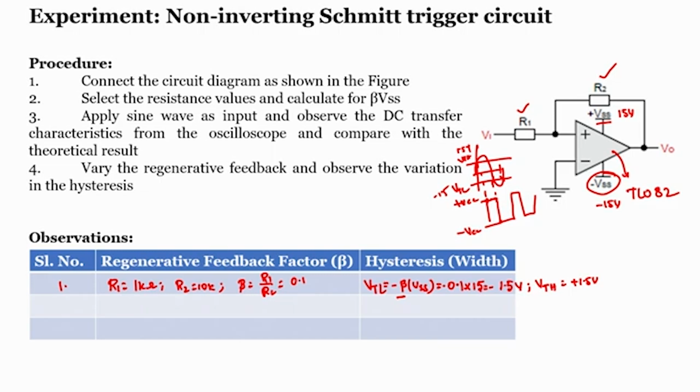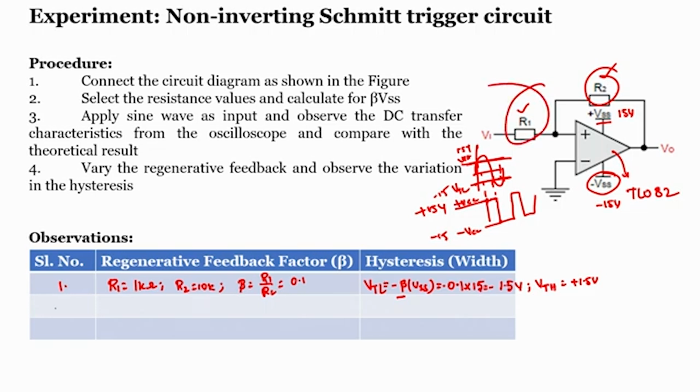Because of that, the op amp output will always be in either the plus VCC state or the minus VCC state. In this case, we are operating the op amp at 15 volts and minus 15 volts, so the higher output will be plus 15 and the lower is minus 15, but when to switch on and when to switch off will be decided by the thresholds. That means it depends upon the resistors that we are using.